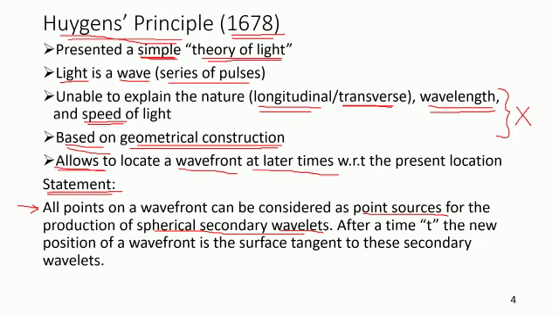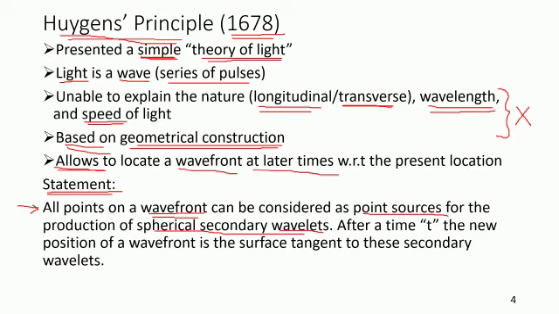This principle has two parts. In the first part, light is considered as a wavefront. Secondly, the points on that wavefront are considered to be sources of new waves, which are called secondary waves or wavelets.